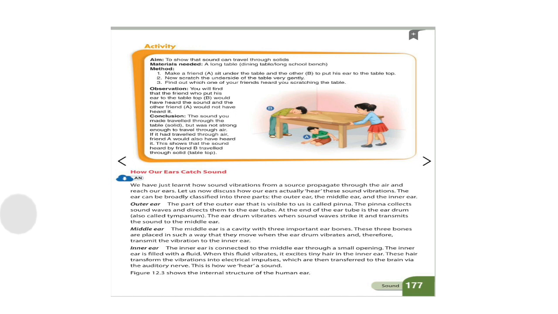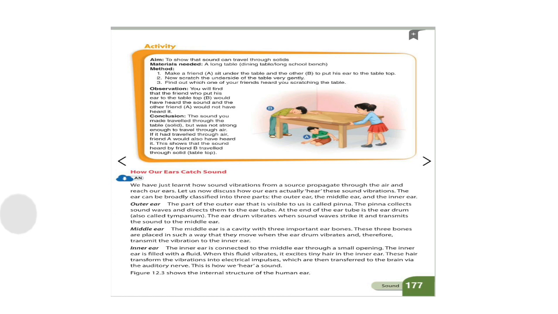Explain briefly how we can hear with our ears. Page number 177, How our ears catch sound, side heading. First paragraph, second line: The ear can be broadly classified into 3 parts.